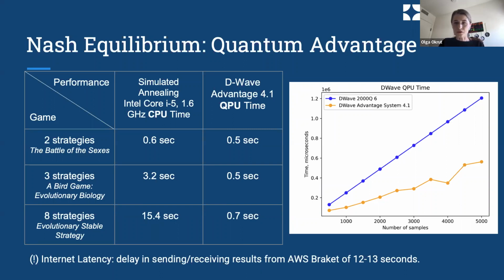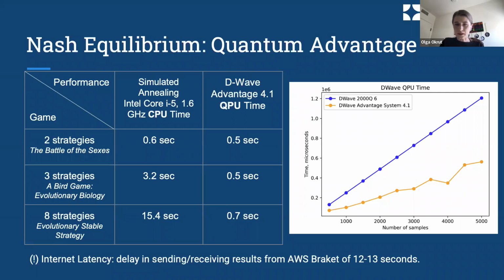As you can see, for both columns the time of execution on classical machines increases with the increasing number of strategies. The execution time was around 0.6 seconds for 2-strategy games, however, it increased to 15.4 seconds for 8-strategy games.